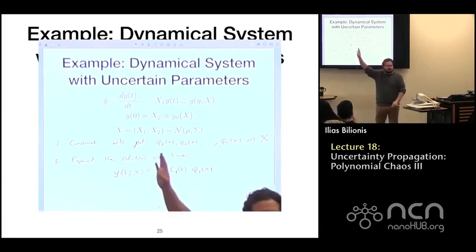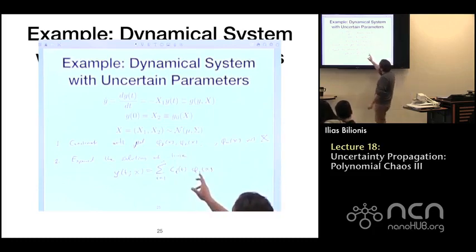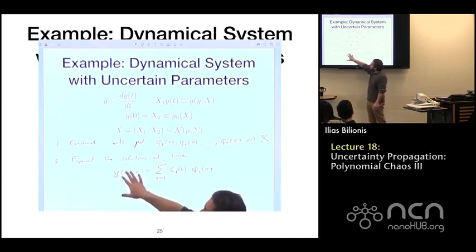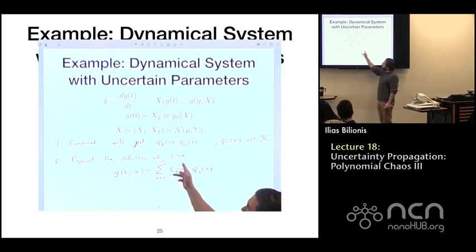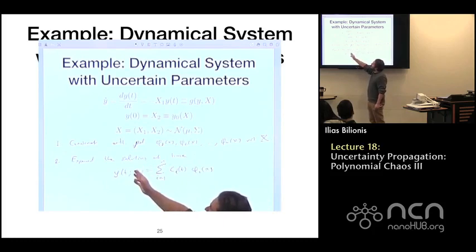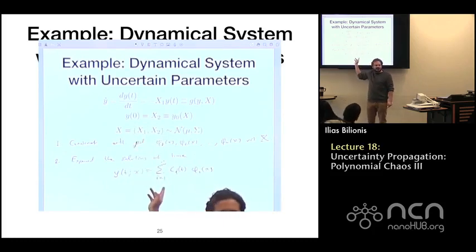Make sense? Is this understood? All right. So basically we have now cast the problem of finding this function as the problem of finding these functions, because we already have these functions. So what we're going to do is plug this into the differential equation and derive a differential equation for the coefficients.